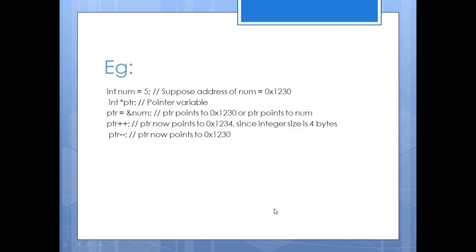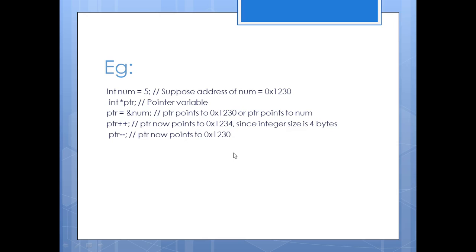For example, integer num equal to 5, the address is 0x1230, then in *pointer, pointer is a variable, pointer equal to &num, that pointer points to the location 0x1230 or points to num. Then we are incrementing the pointer, pointer++, that is the location 0x1230 is incremented to the location 0x1234.